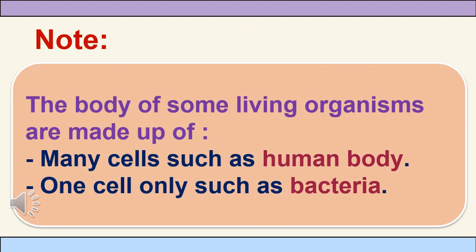Can anyone give me an example for a living organism that has many cells? Super, like the human body. What about the living organisms that have only one cell? Super, like the bacteria.